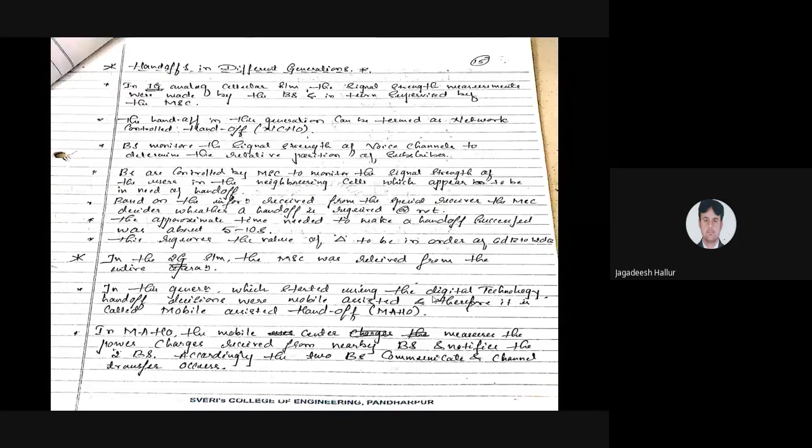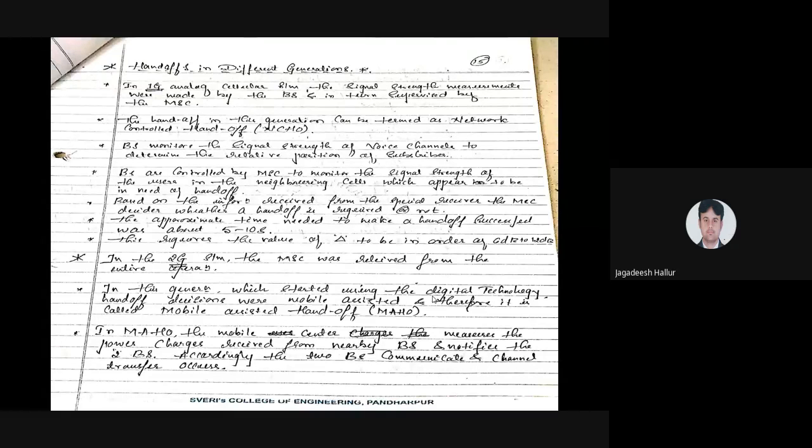This is 1G, also called network controlled handoff. The time required for handoff is 5 to 10 seconds, and the power margin for 1G is 6 dB to 12 dB.